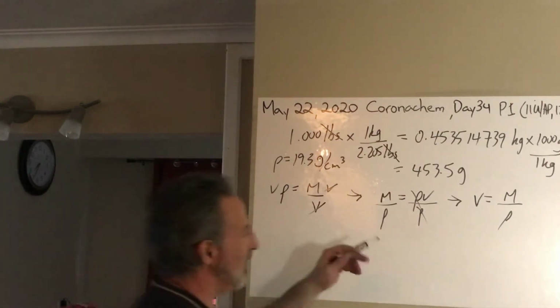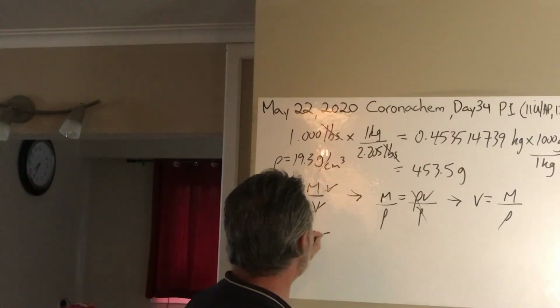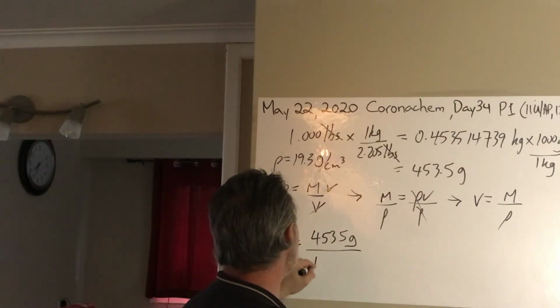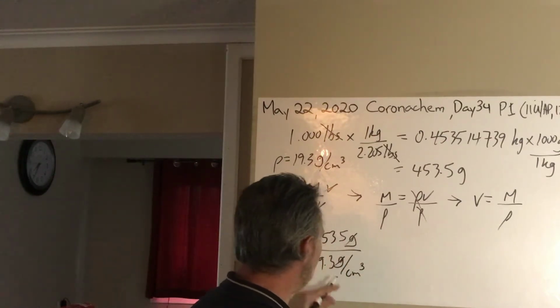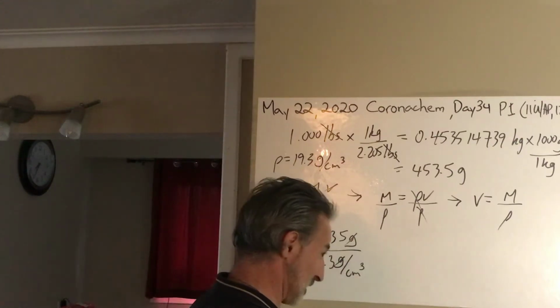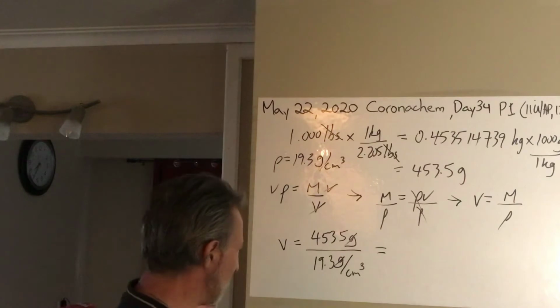So volume equals mass over density in this case. The mass we found out was 453.5 grams, and density is 19.3 grams per centimeter cubed. The grams are going to cancel. You see that the centimeter is in the denominator of the denominator, so it's going to become the numerator. 453, I still have the number in my calculator.